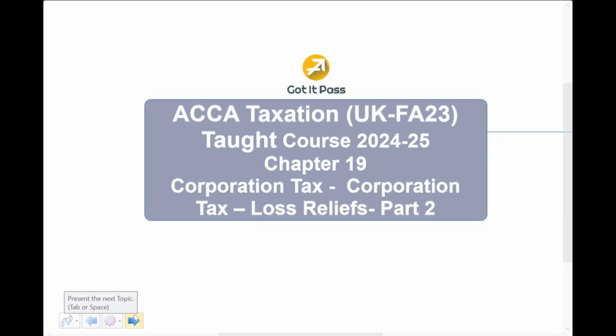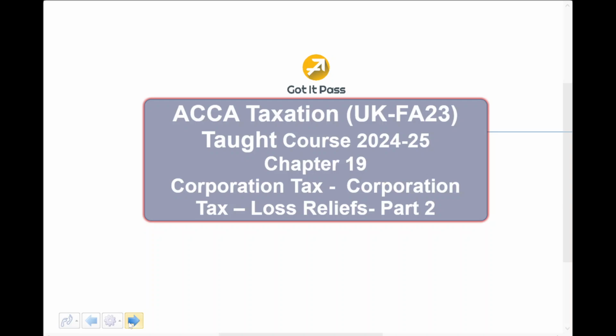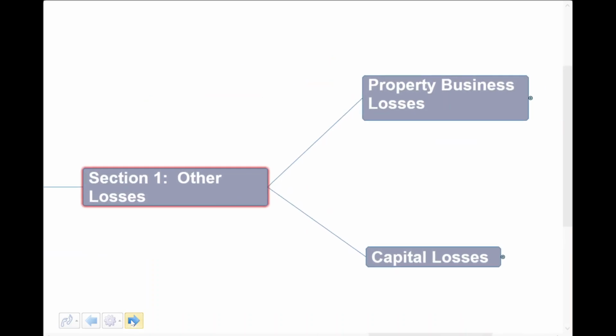Okay, so we move to the second part here, really other loss relief provisions in relation to corporations. This particular video is short and pretty straightforward, but let's remember, in terms of these other losses, obviously we're talking about areas outside of trading losses.